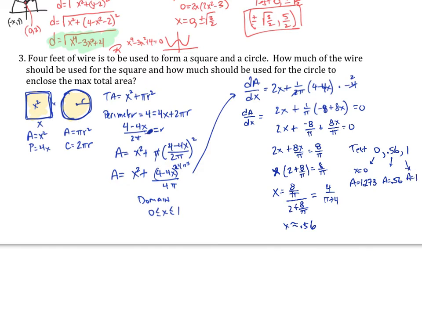Well, since I want to maximize this, that would mean I want to choose x is 0. If x is 0, that means it's all in the circle. So choose x equals 0. It's all in the circle. There's your value, and that would be how to maximize it.